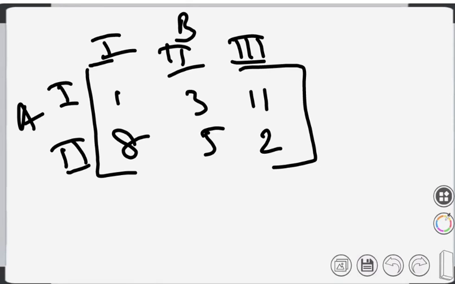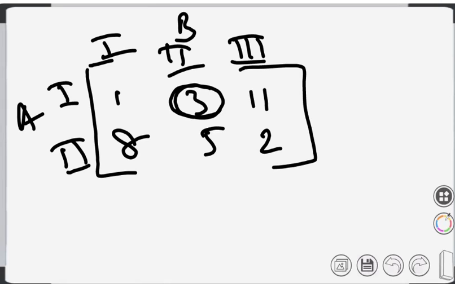So this is called a payoff matrix. A has two strategies, 1 and 2, B has three strategies, 1, 2, and 3. The values here are all positive. That means this value 3 implies that if player A plays strategy 1 and player B plays strategy 2, then player B has to give player A rupees 3.